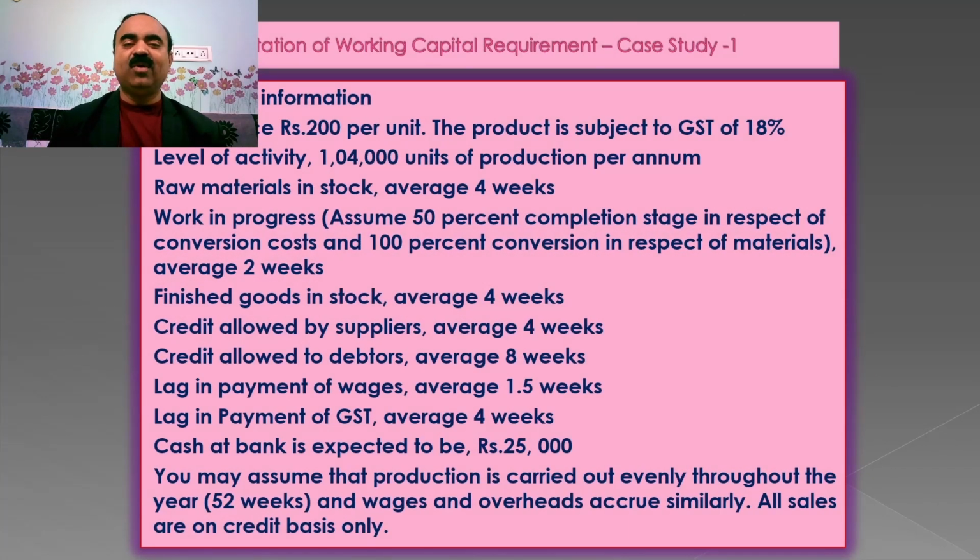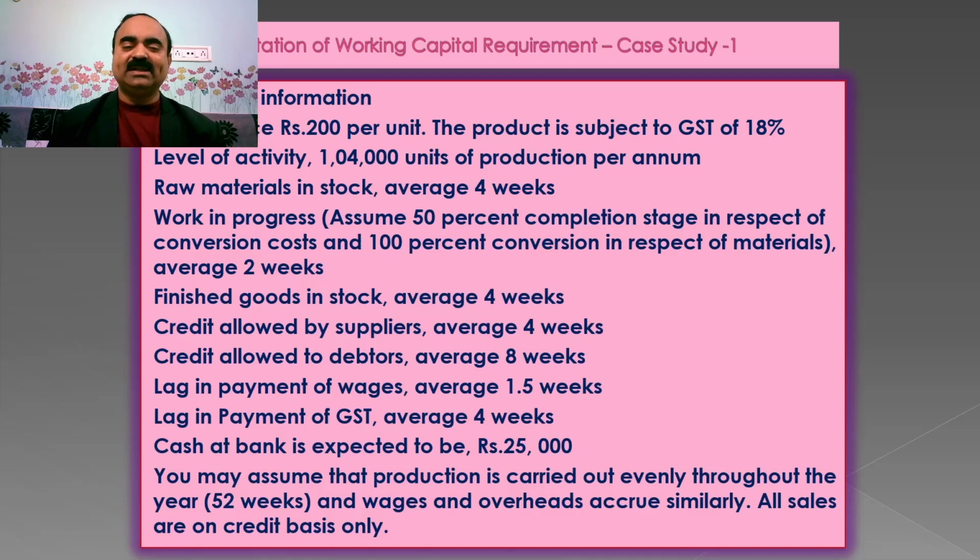The additional information given in the case study includes selling price rupees 200 per unit. The product is subject to GST of 18%. Level of activity is 1,04,000 units of production per annum. Raw materials in stock average 4 weeks.